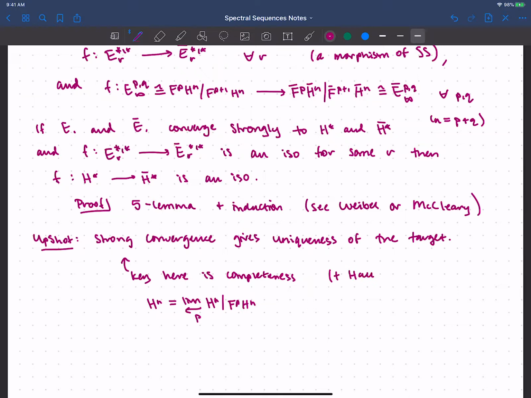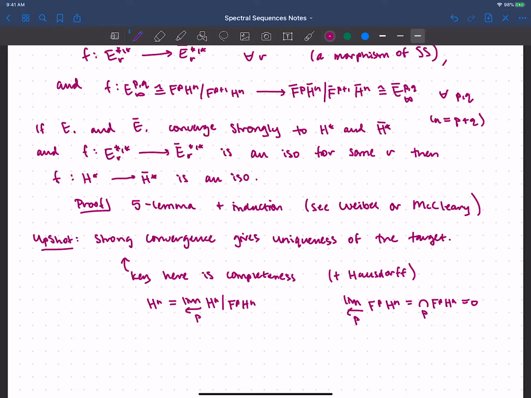And we'll see that Hausdorff is also sort of key here. I think I said exhaustive is kind of an easy one to get around, and it comes up as less of an issue. But remember, Hausdorff said that if you took the inverse limit of all those filtered pieces, which is really just the intersection of all of them, then that should be 0.